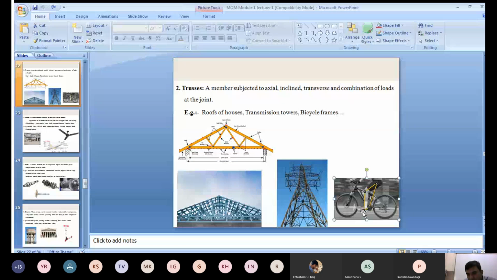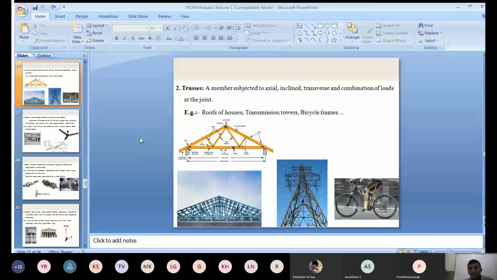What about this here? The leg, the upper part of this here, undergoes oscillation. The crank rocker mechanism is a 4-bar mechanism, right? Again, each part is subject to what type of load here? This is the bicycle frame actually I have considered here. This comes under trusses here.